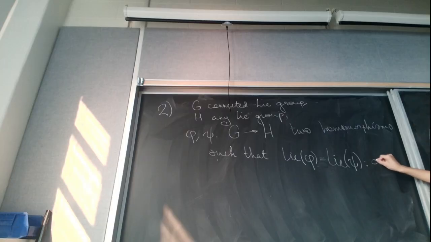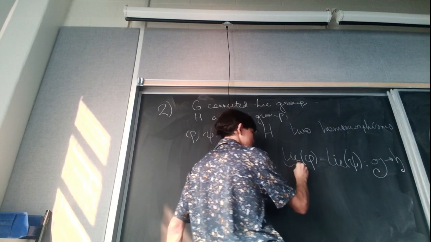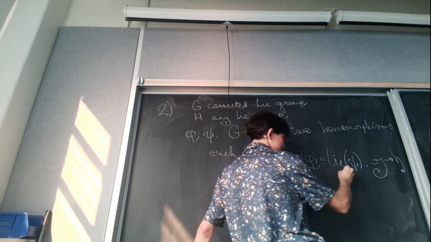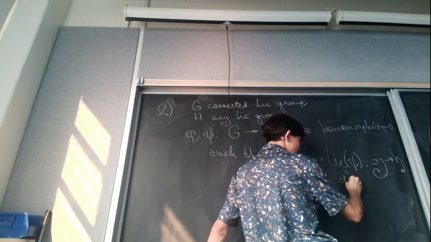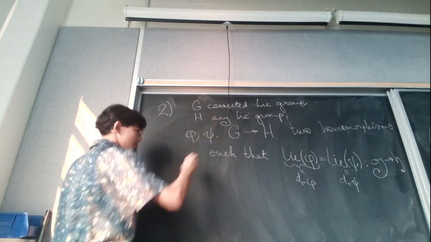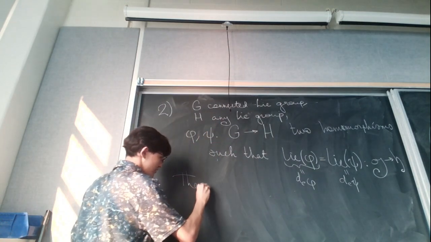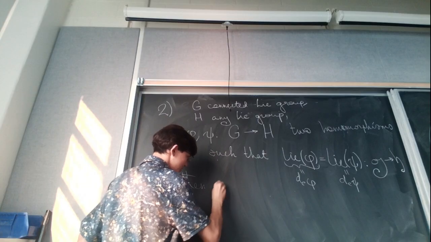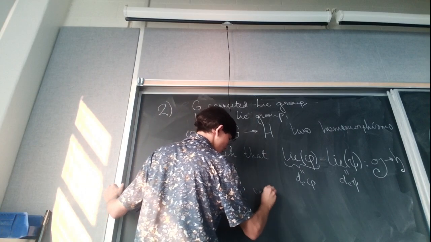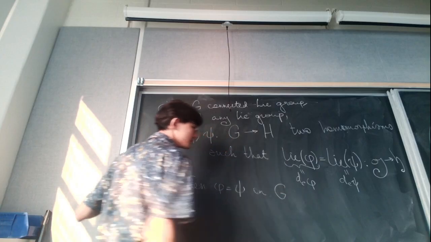These are the maps between the Lie algebras. This is just my notation for the differential at the identity. Then φ equals ψ on all of G. Okay.